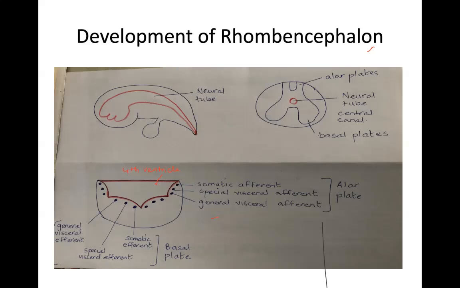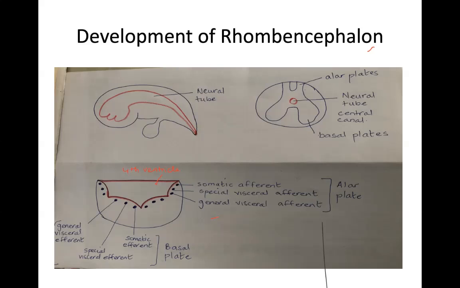Now, I'm sure you're all very familiar with these terms, but we'll just generally go over them. The arrangement of these plates is now actually in six parts because each plate will break up into three groups of neurons.